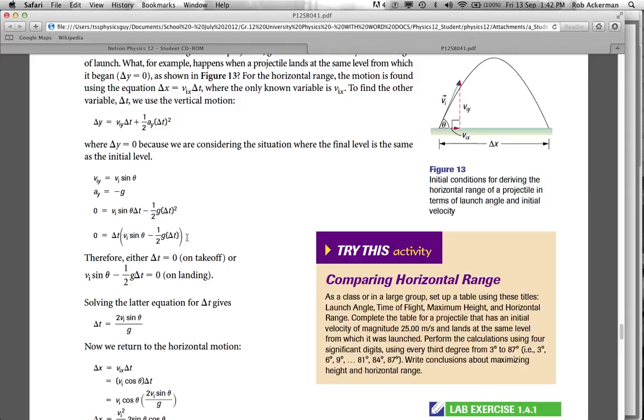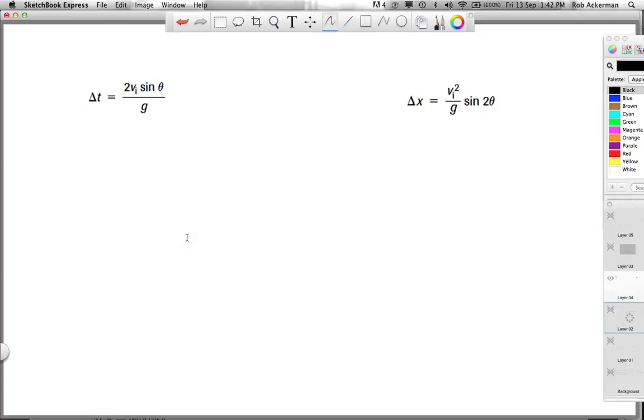But if you go through this, you end up with two interesting results. And I've cut and pasted the two equations in here. There's a formula for the amount of time that the ball spends in the air, and there's also a simple formula for the range. This is known as the hang time equation, and remember, it's only the time if the ball lands at the same height from which it was launched. And this is the range equation, again, only if the ball lands at the same height from which it was launched.